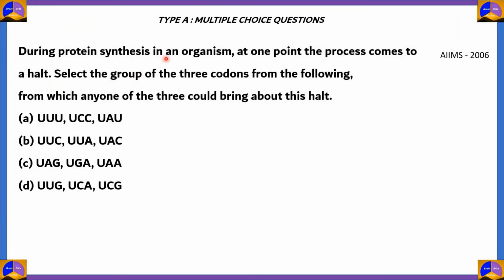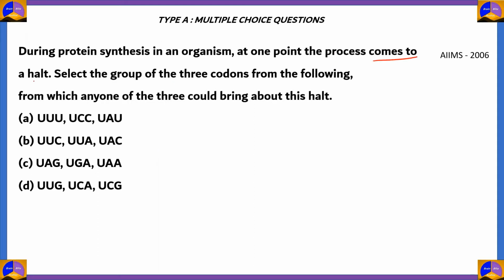During protein synthesis in an organism, at one point, the process comes to a halt. Select the group of the three codons from the following, from which any one of the three could bring about this halt. So we need to find over here the set among the options which contains codons that stop protein synthesis.